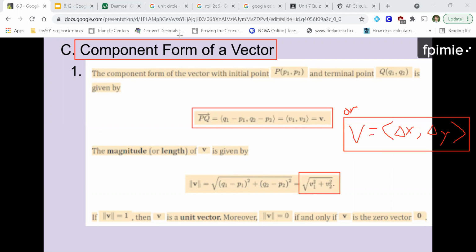Or again, it'll simplify to just the square root of the change in x squared plus the change in y squared. And your slope would again just be the two components being divided, change in y over the change in x.